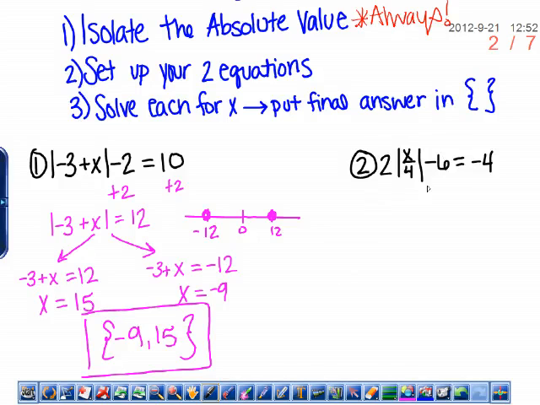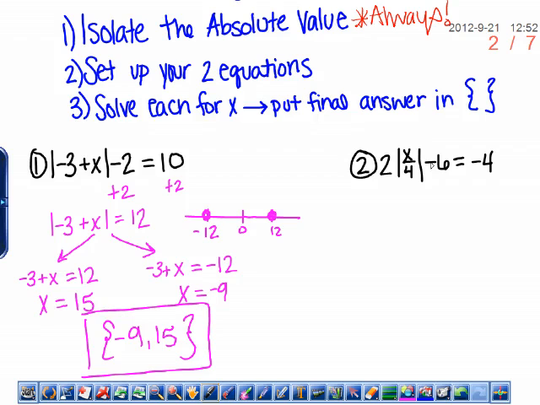We have to isolate this absolute value first. When you have both multiplication and addition or subtraction going on, you have to go in reverse PEMDAS order in order to isolate this. Okay? Reverse PEMDAS, meaning you always add or subtract first, then multiply or divide.